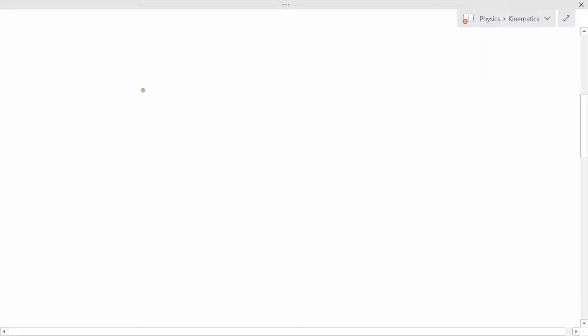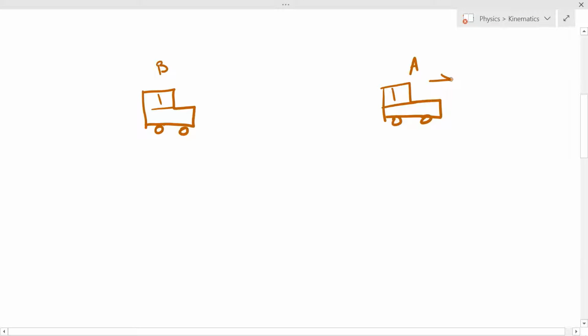So let me give you one problem. Let's say there are two cars. Let's say this is car A and this is car B. This car A is moving with 40 meter per second velocity and this car B is moving with 60 meter per second velocity, and they are both moving in the same direction, that is the right direction. Let me assume the right direction to be positive and the left direction to be negative.